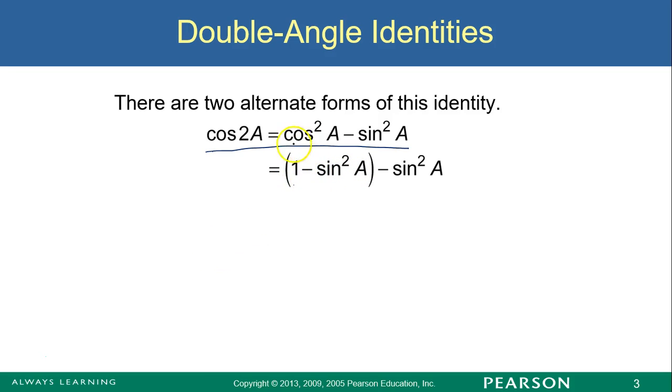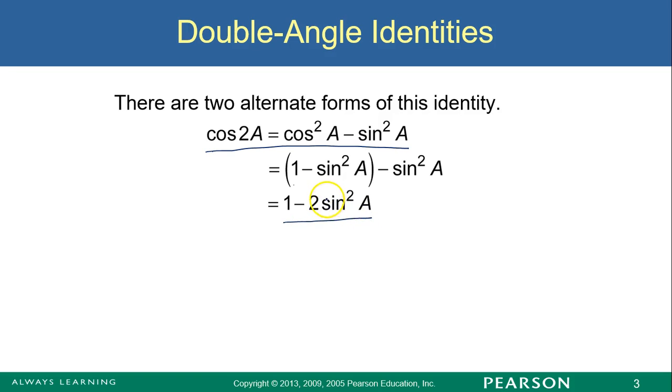Okay, and when we replace cosine squared A with 1 minus sine squared A, we end up with another cosine double angle identity as this right here.